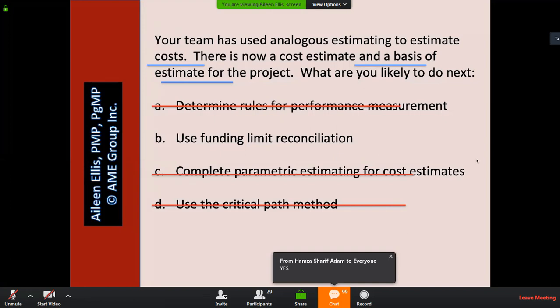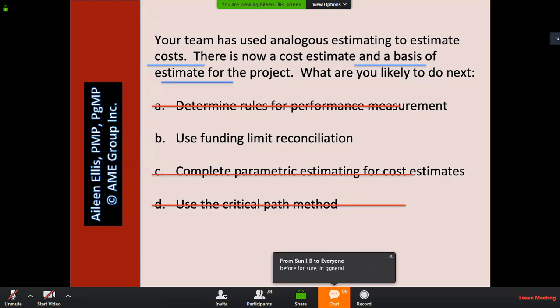Let's go to D, use the critical path method. In what process do we use the critical path method? Great, develop schedule. In general, do we develop schedule before or after we estimate costs? In general, we develop the schedule before we estimate costs.